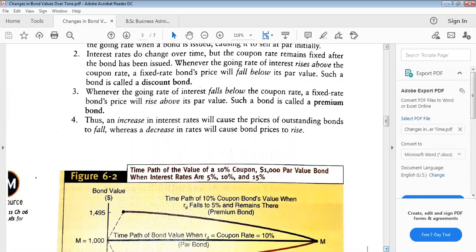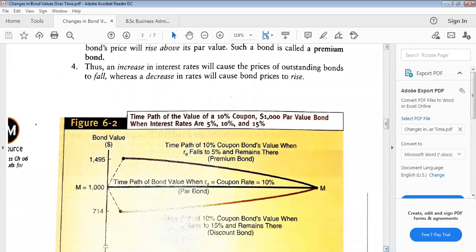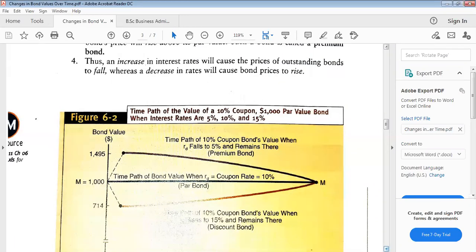So an increase in interest rates will cause the prices of outstanding bonds to fall. A decrease in interest rates will cause bond prices to what? Rise. So that's that for that.